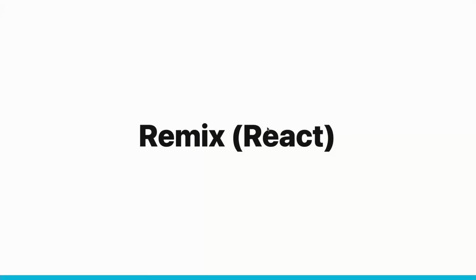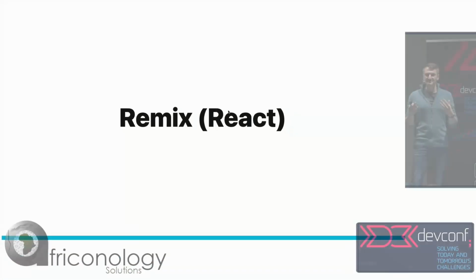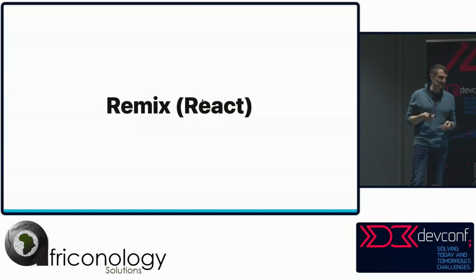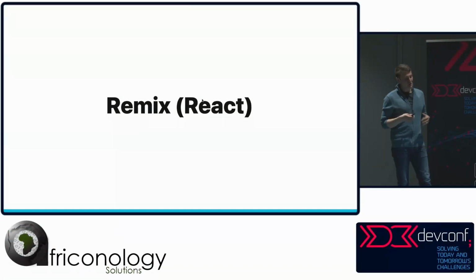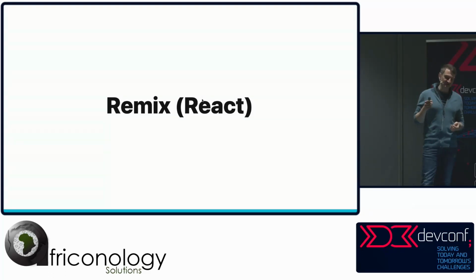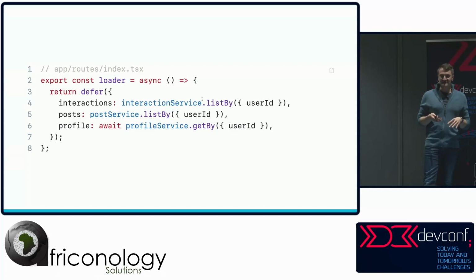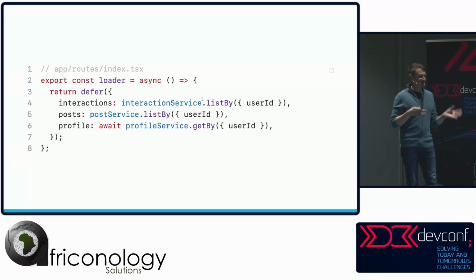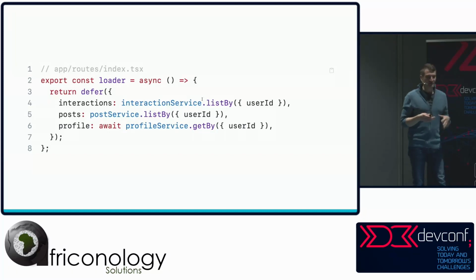But Svelte is not very heavily used right now, although I recommend checking it out. Especially SvelteKit is a very good framework. But also in the React world, we have a framework called Remix. And SvelteKit basically does the same as Remix, because I think Remix was first. And in Remix, we also have those loader functions, which we declare to load all the data for a page we want to render.